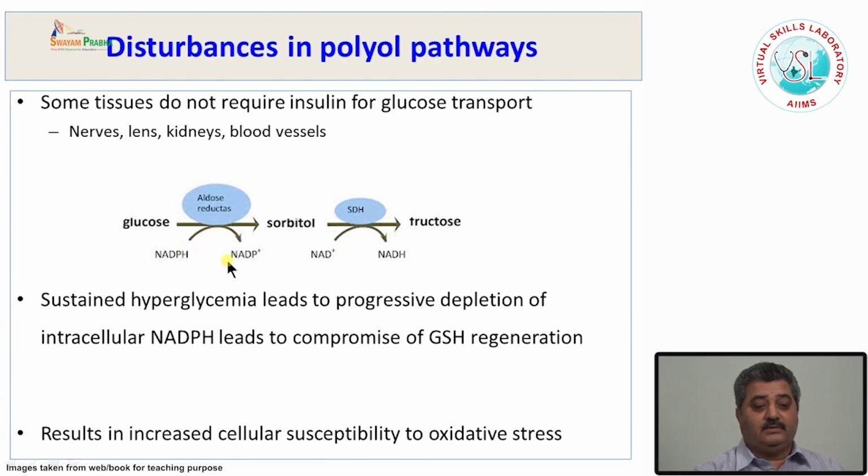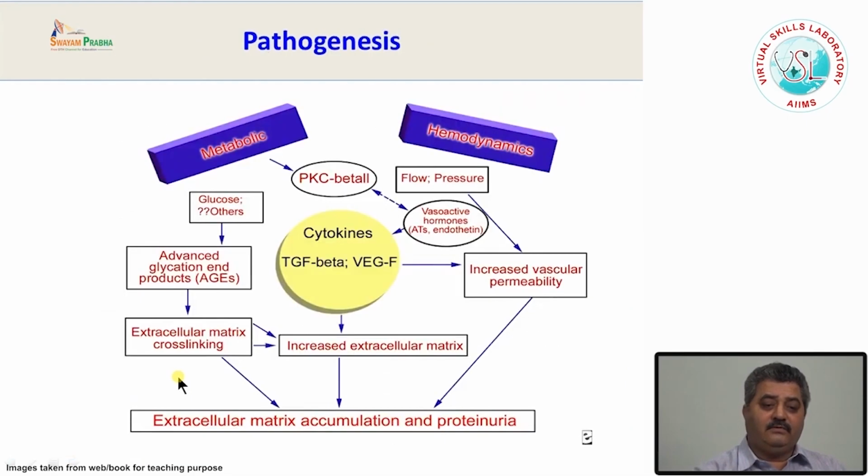On the other hand, there is utilization of NADPH, which is also required for the glutathione pathway, and this ultimately leads to the activation of the oxidative stress and free radical injuries. All these factors contribute to the complications.